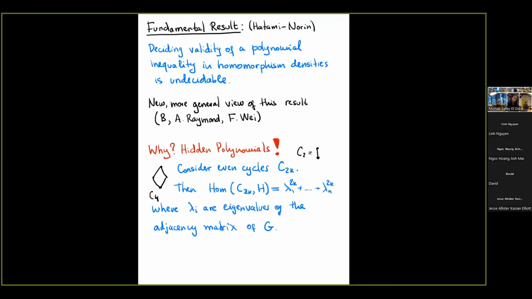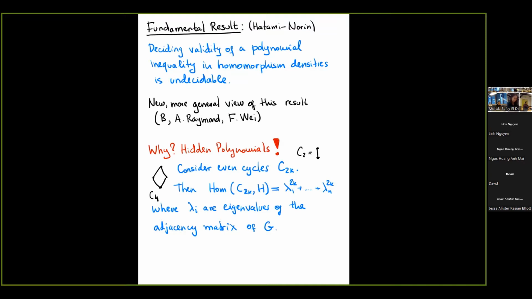Okay, and so there's a fundamental result in this area that says that deciding whether a given inequality is valid or not is a hard problem. What does it mean to be a hard problem? Actually, it's a very hard problem because it is an undecidable problem.